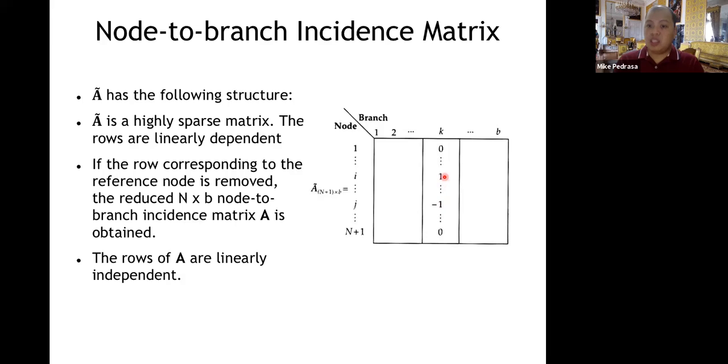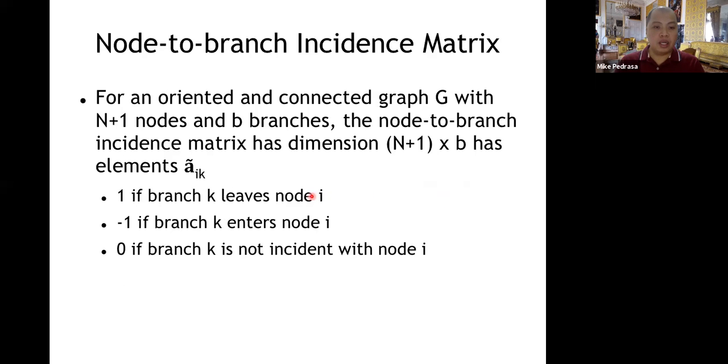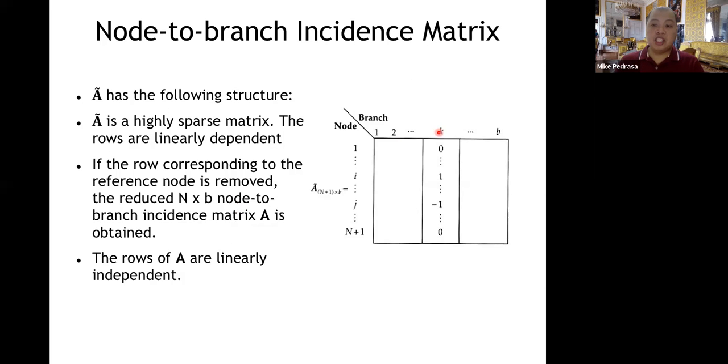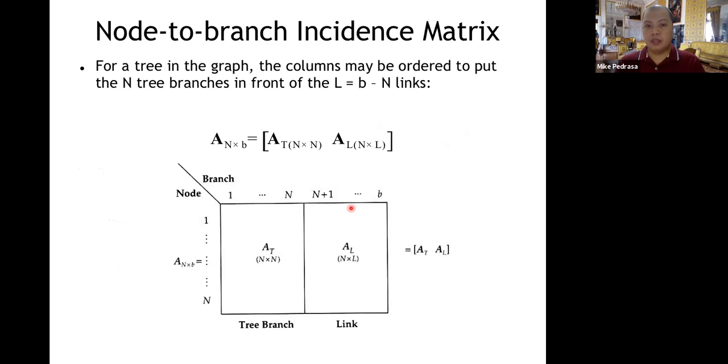What this is telling us is that branch K is connected to node I, and at the same time connected to node J. However, you have here a +1 and a -1. You have a +1 if branch K leaves node I. It means that branch K is leaving node I, and branch K is entering node J. I'll give you an example in a couple of slides.